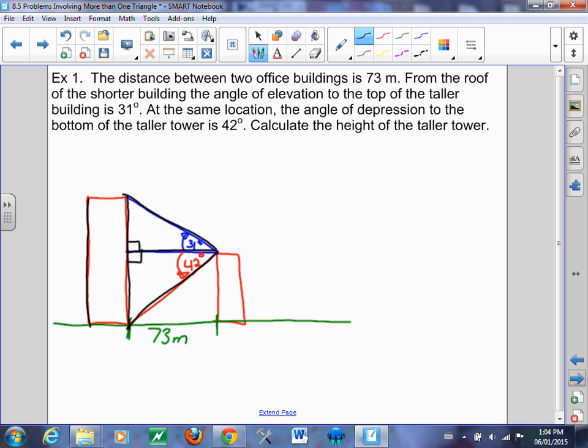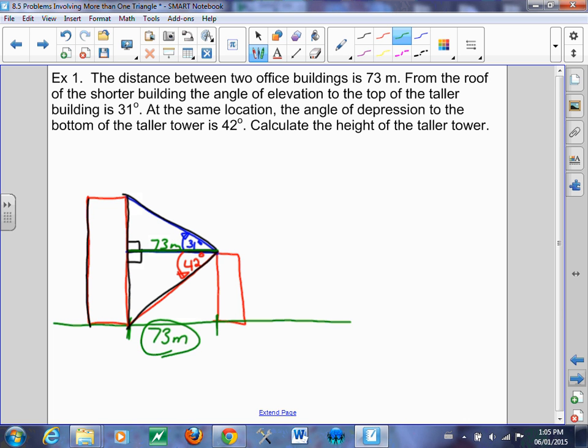Also remember that the 73 meters is the distance between the two buildings. That's the same distance at the horizontal, so it can be brought into your triangle, and it's used for both the top and the bottom triangle.